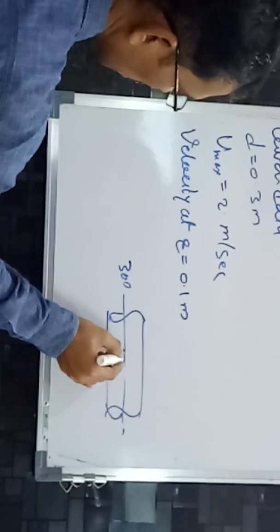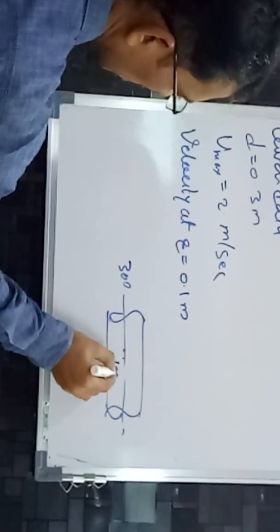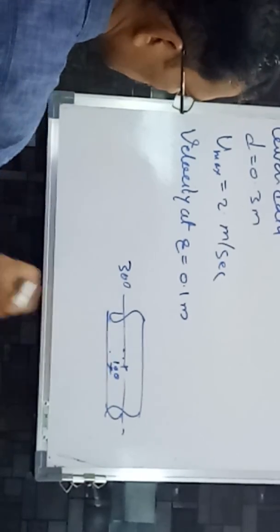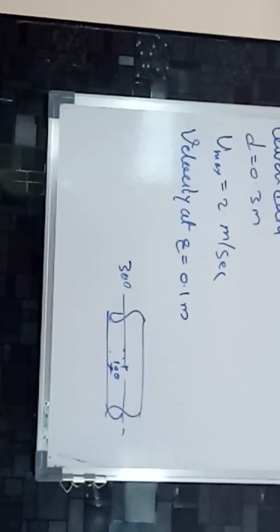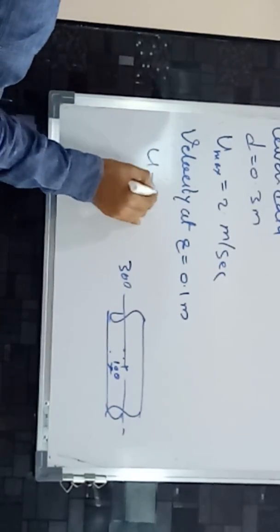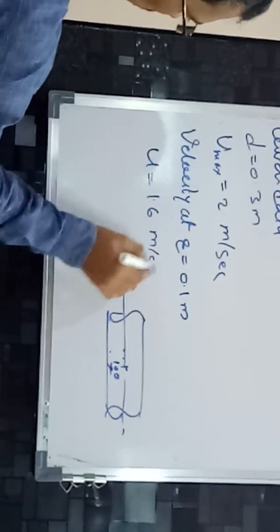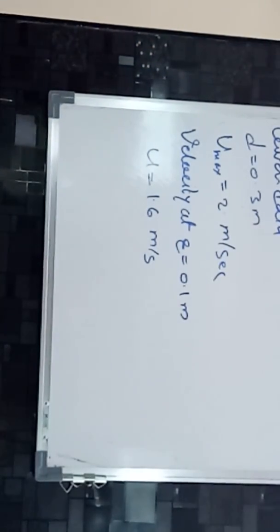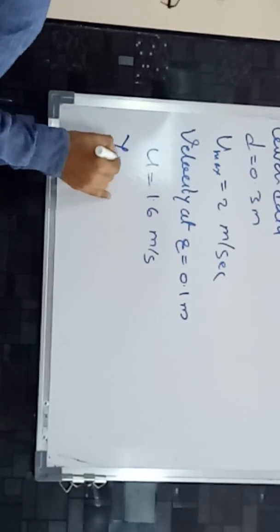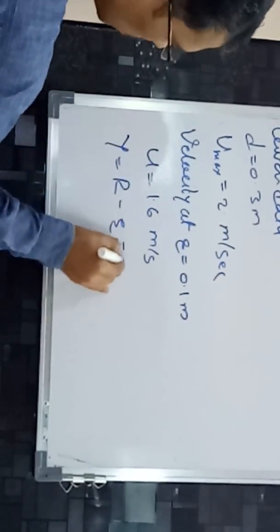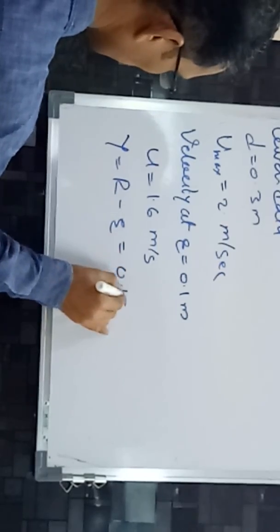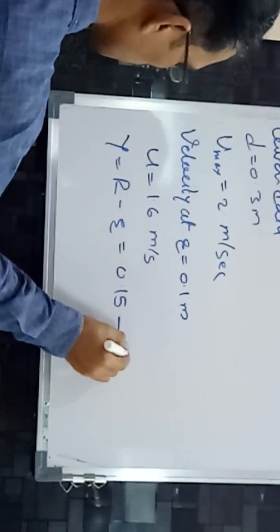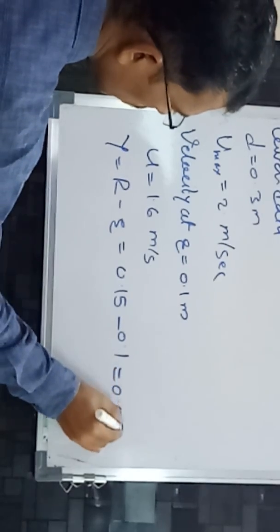From here 100, from the center line. So for this, U equal to 1.6 is given. Then here I will calculate y. y means what? Capital R minus small r. So here 0.15 minus 0.1 equal to 0.05.